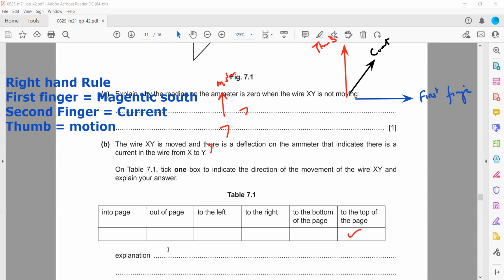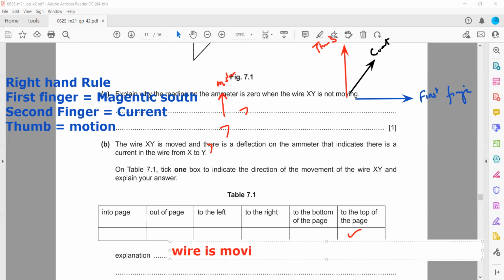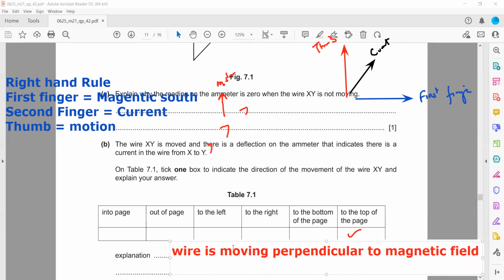So the answer here: the wire is moving at 90 degrees, or perpendicular, to the magnetic field, and the south is towards the right hand side.